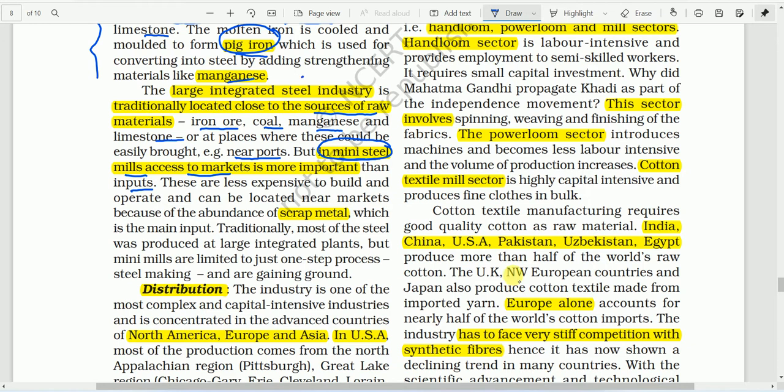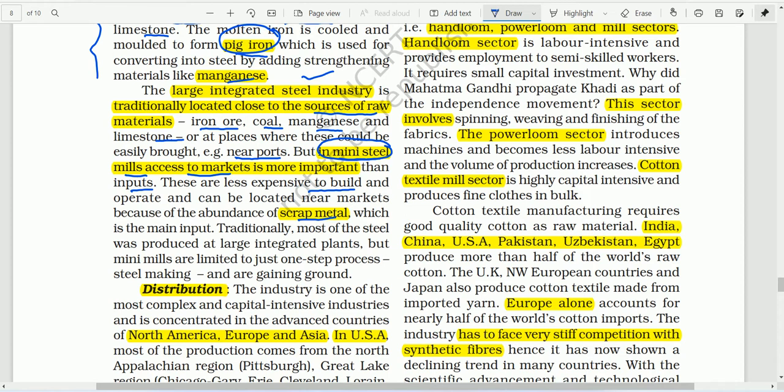For the large scale ones, nearness to the raw material is very important. For the mini steel plants, nearness to the market is very important, because they are less expensive to build and operate and can be located near the market because of the abundance of scrap metal. Most of the mini plants use scrap metal, the recycled one, and that is why they can be located near the marketplace also.